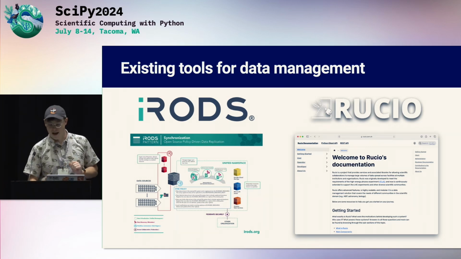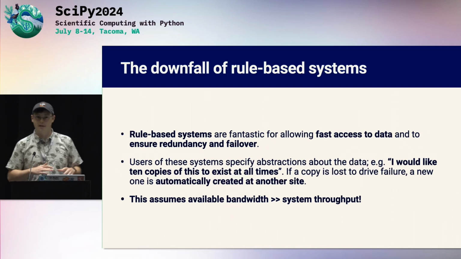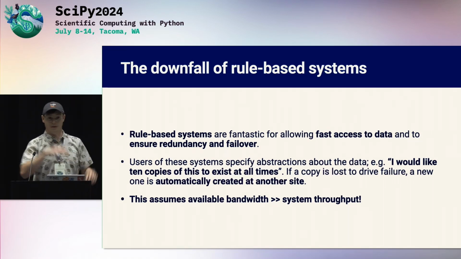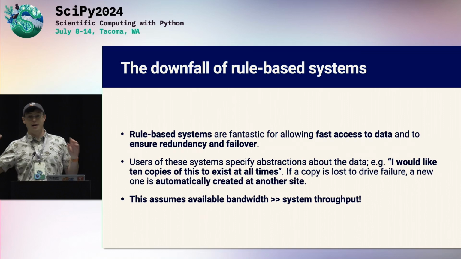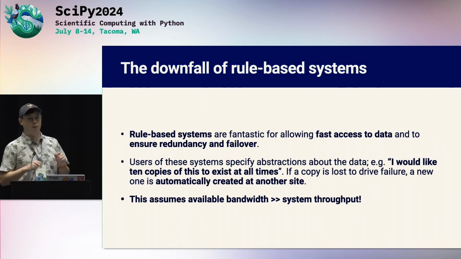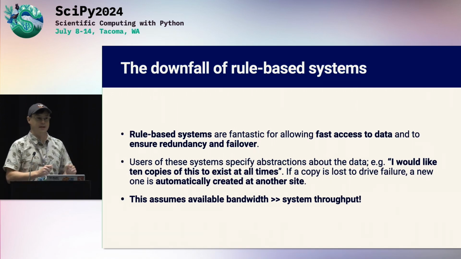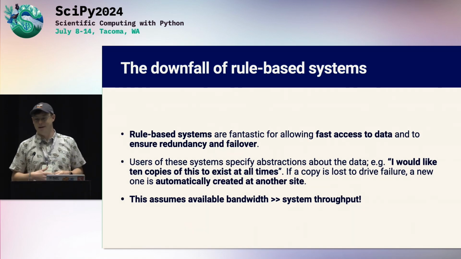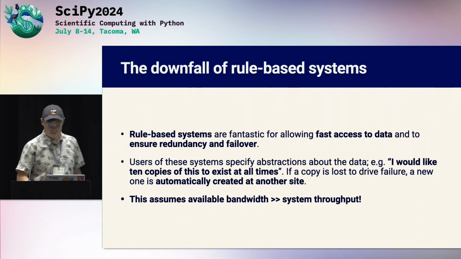The problem is that it assumes there's a ton of network bandwidth available. If a system drops off and suddenly there are only 6 copies, it makes another copy somewhere, which it definitely should do. But we don't actually want to worry about the copies of our data that exist. We need to control the way that it flows. So that necessitates a more baseline solution.